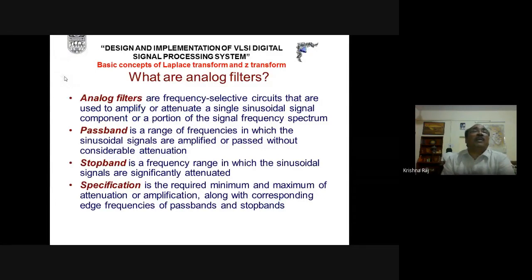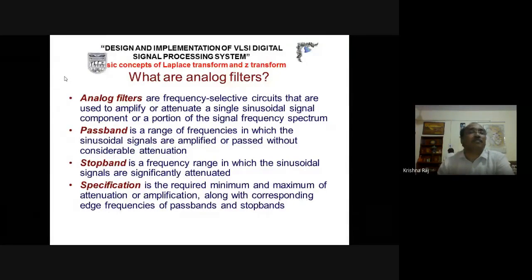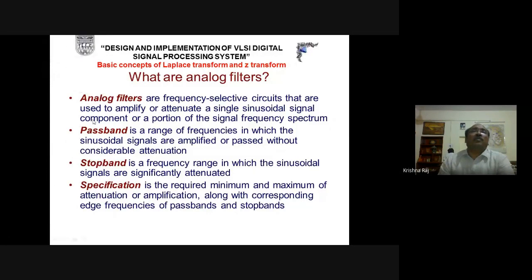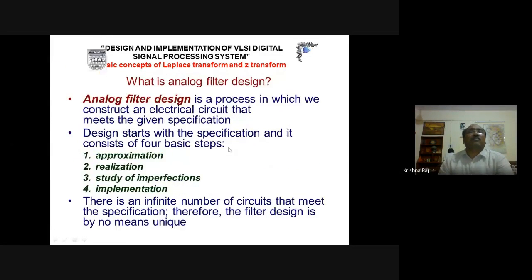And we have to decide what the range of these ripples or attenuations or disturbances must be in that required range or band of interest of the parameter, frequency, time, etc. The same is true for the stop band, where we have to block each and every processing.